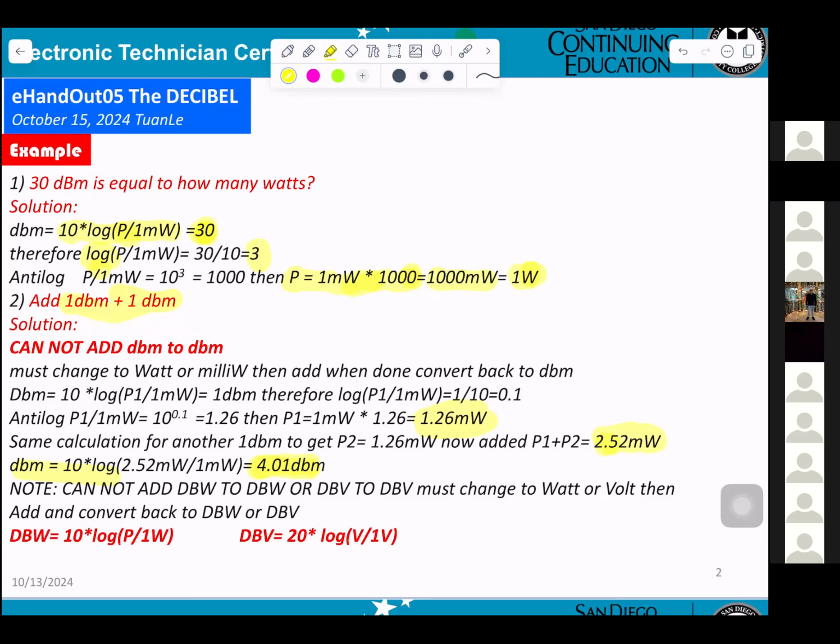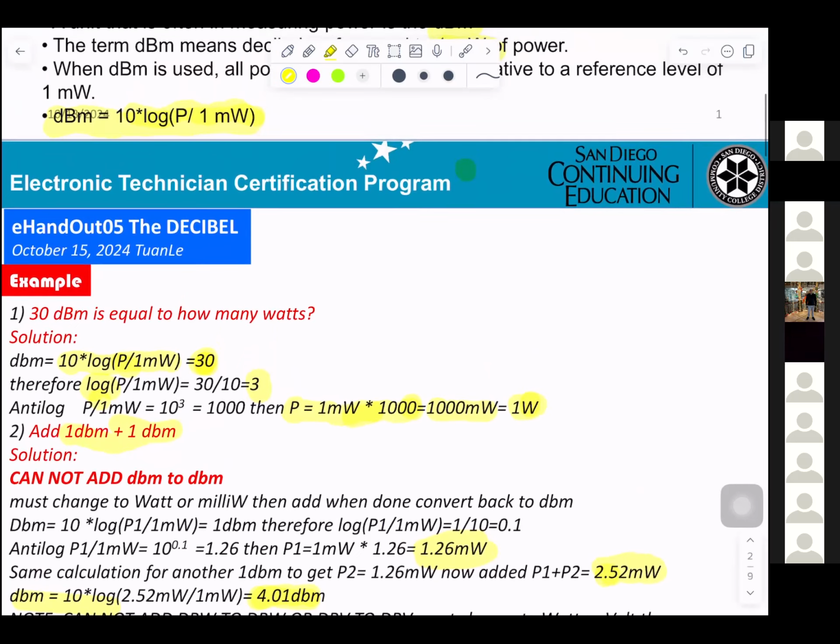Okay, thank you. And the formula, remember, this is the formula we use all the time: dBm equals 10 times log of power divided by 1 milliwatt.